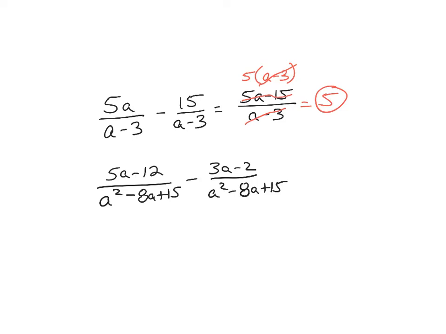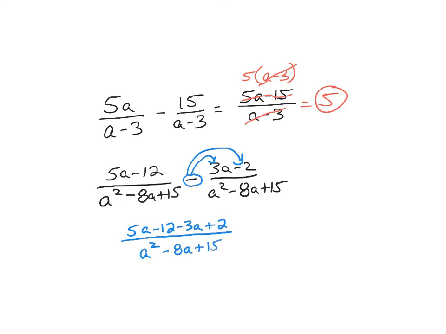Pay particular attention to this subtraction sign, because remember, that subtraction sign means that you need to subtract everything. So when I rewrite my numerator, I am actually going to have 5a subtract 12 subtract (3a plus 2)... because it's subtract, over, once again, that same denominator, a squared subtract 8a plus 15.